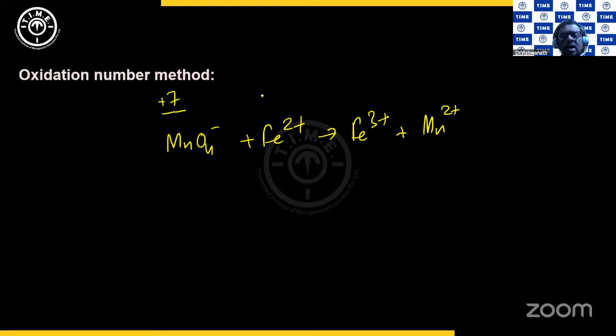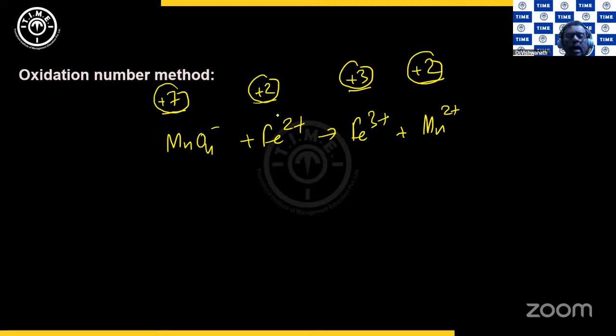For Fe, whatever is the charge, that is the oxidation number. Here also +3. Here also +2. So first put these oxidation numbers above the species undergoing oxidation and reduction. You know that in MnO4 minus, Mn is going from +7 to +2. And then Fe2 plus is going from +2 to +3.